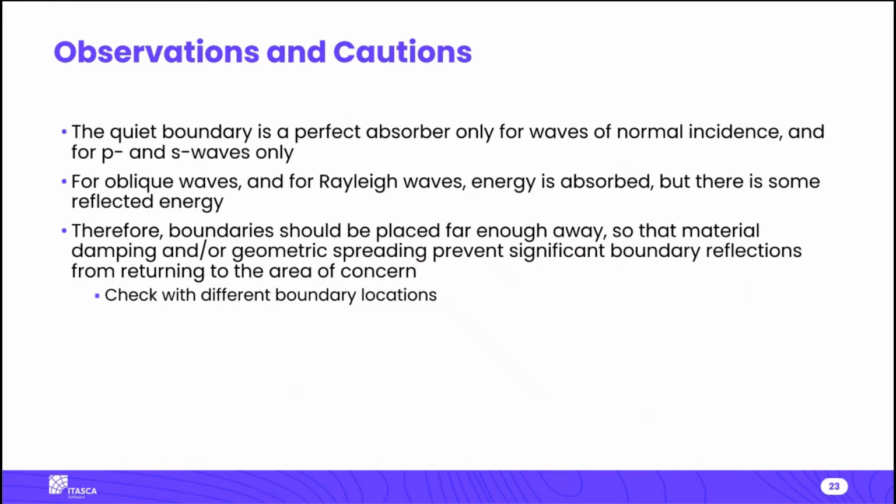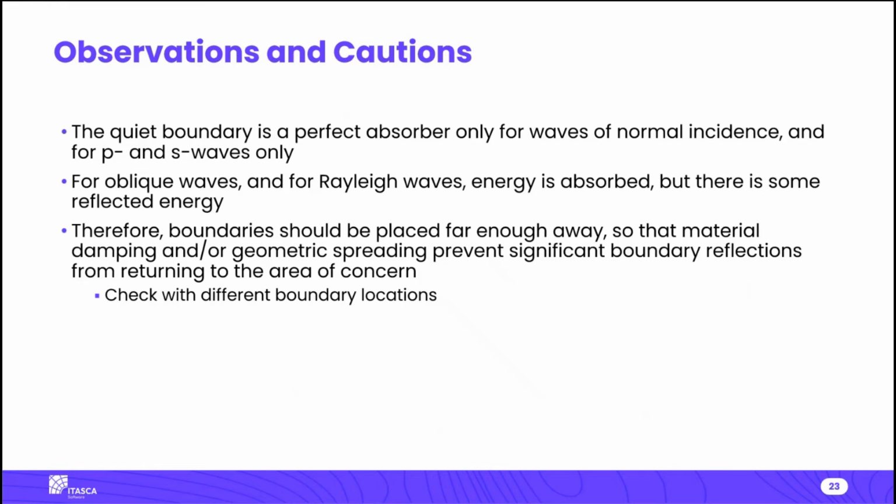Note that the quiet boundary is only a perfect absorber when the waves are perpendicular to the boundary. So in the simple example we showed, the wave is perpendicular to the boundary, it just bounces off of it, or does not bounce off it in this case, and they get more or less perfectly absorbed.